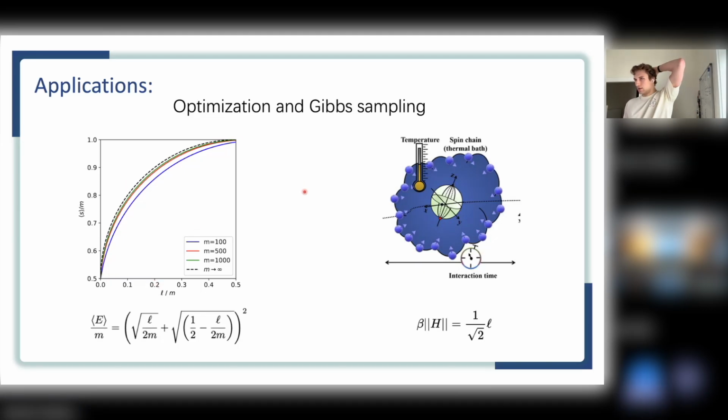So sorry, you are optimizing energy here. You are minimizing, or? Yeah. I mean, it doesn't really matter. I've written it here as optimizing, but of course you can replace H with minus H, and then it's minimizing. So this is maximization. Okay.